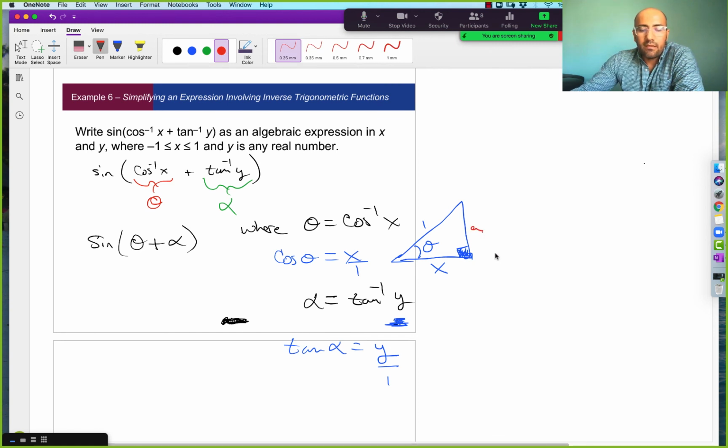Missing side a. So remember that it must be true that a squared plus x squared equals 1. So a equals the square root of 1 minus x squared. And it's a distance, so we can ignore the minus. We're arbitrarily thinking of this in quadrant 1.